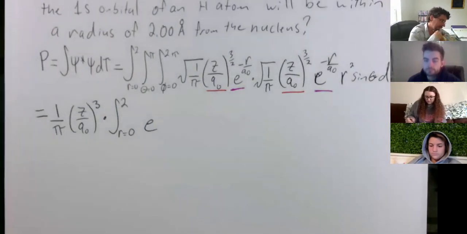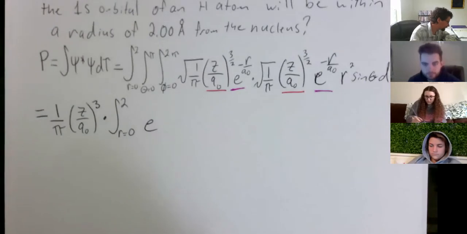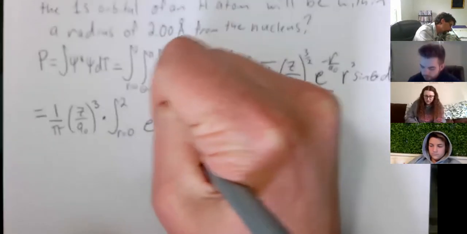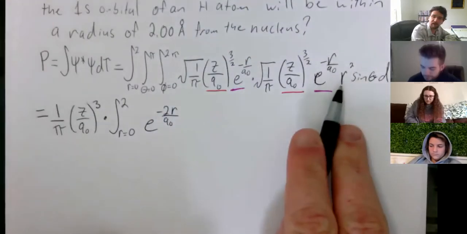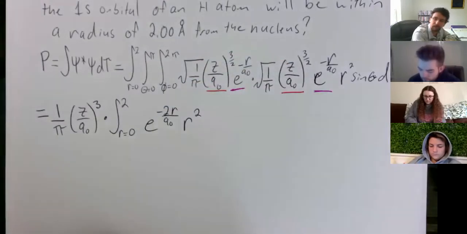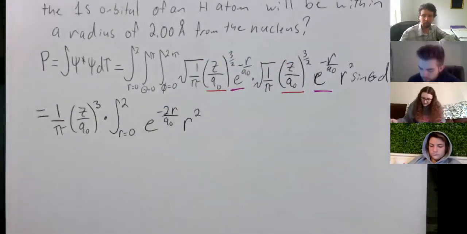What's that going to be then? -2R divided by A naught. Yep, right. -2R over A naught, and then we have that R squared we have to worry about. Anything else? dr. Nope.